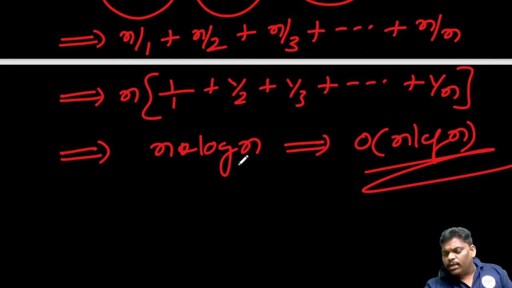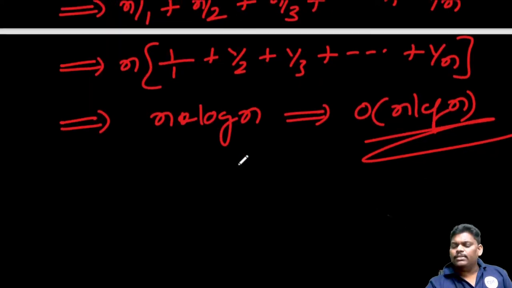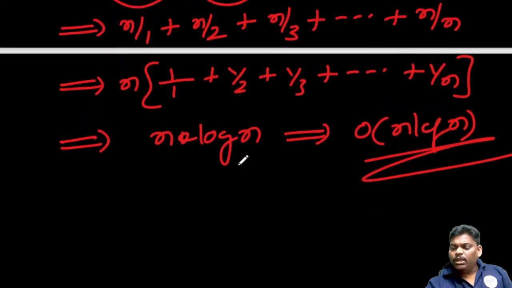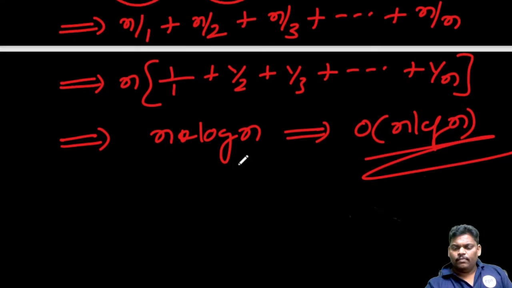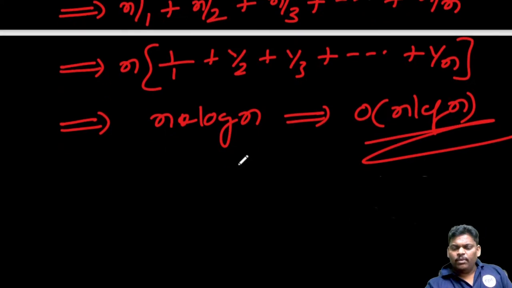Suppose inner loops with no dependency, multiply. Inner loops with dependency, one series will come like this. You have to get the series.